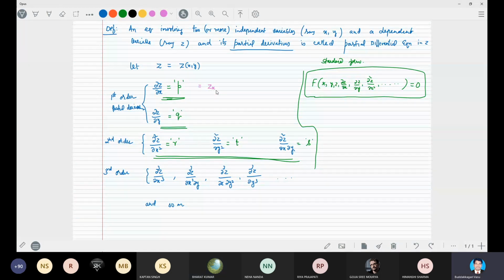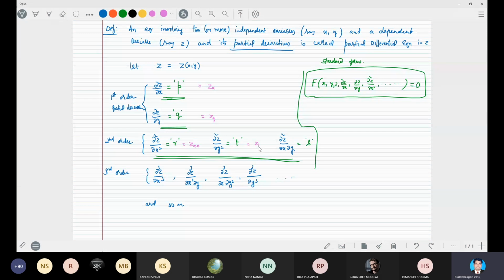This is a short notation which we can use for denoting the first order derivative. ∂²z/∂x² can be denoted as z_xx, which indicates the partial derivative of z with respect to x two times.